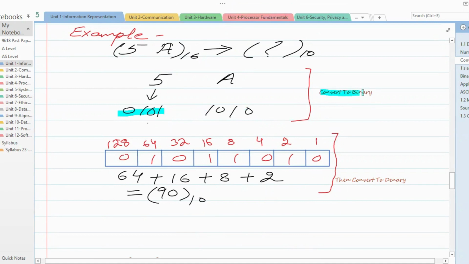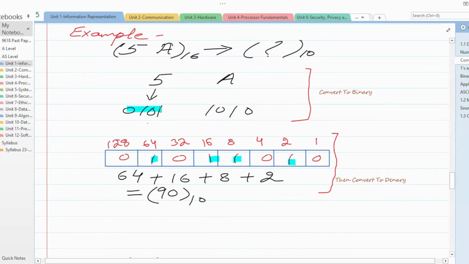Now this is the binary equivalent. This binary number I will take as a whole and convert it into denary. So I'll put it here using the place values, and all those place values will be added wherever the number 1 is written, right?